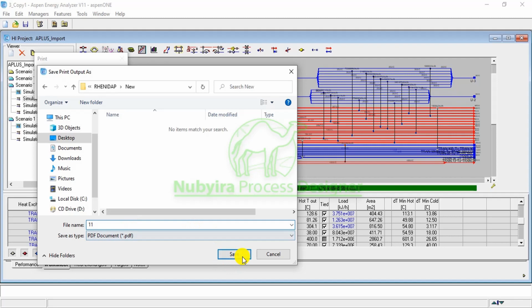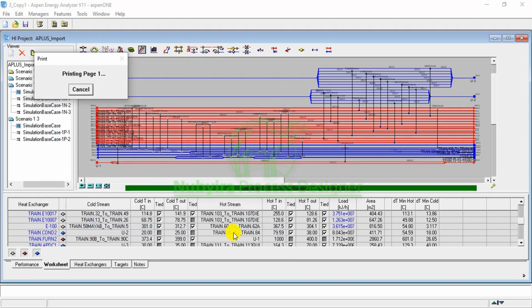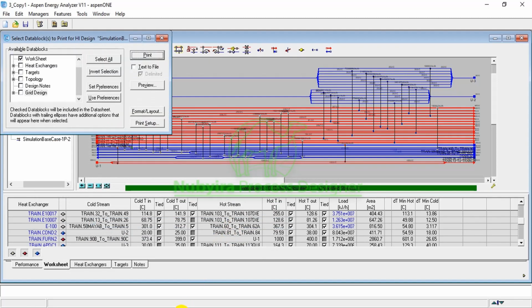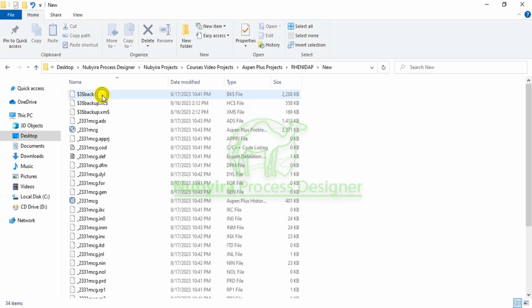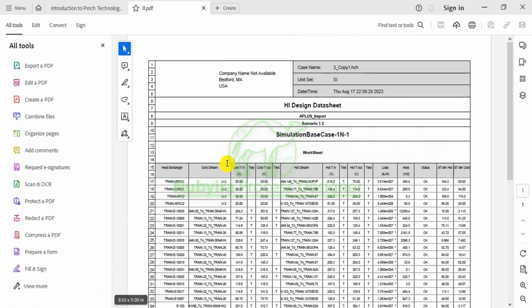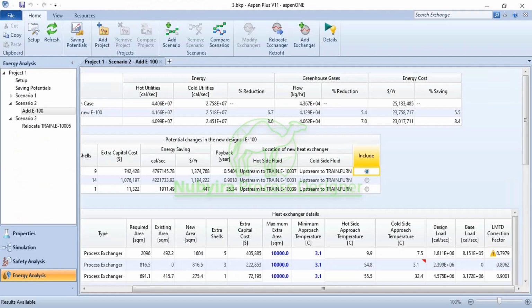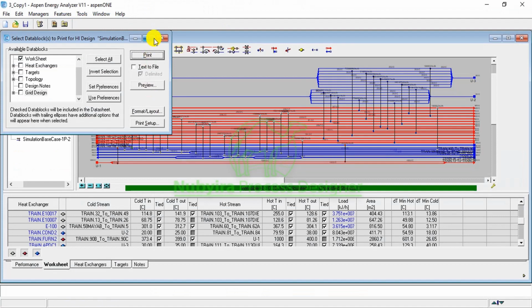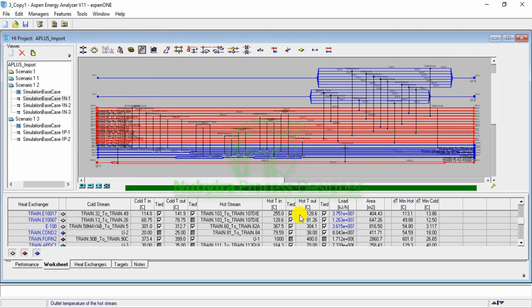It will print the report. Okay, this is the report over here, and this is the worksheet. So I'll be using this. I'm going to duplicate all this specification for the temperature in the heat exchanger design. I don't really need this anymore.